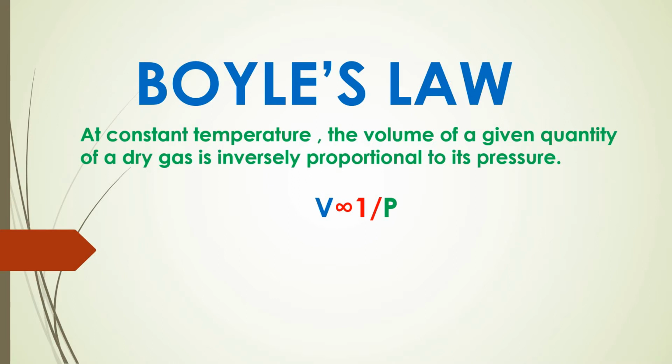When we take the initial and the final conditions of pressure and volume, we find that the product of initial pressure and initial volume is equal to the product of final pressure and final volume, which is constant. Therefore, we can write P1 V1 = P2 V2, which will always be constant.